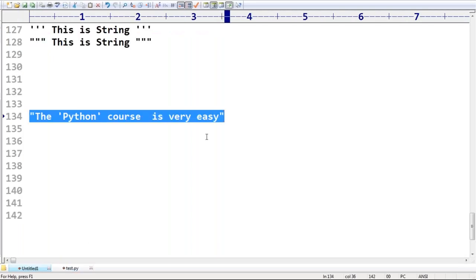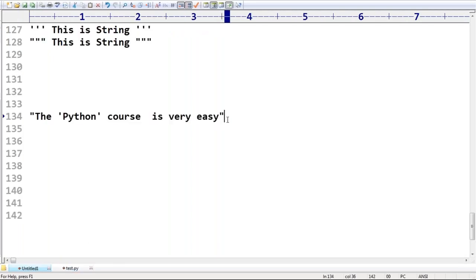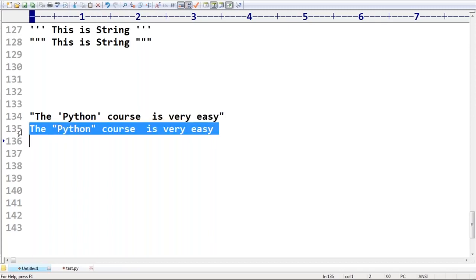Now my requirement is I want to use double quote symbols in my string. Then how can you handle this one? We have to enclose within single quotes.